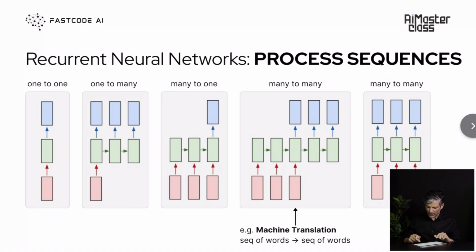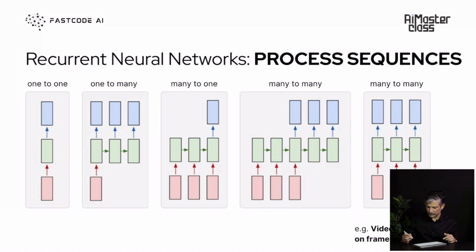Now, you can also have many-to-many in terms of, say, video classification, where you have the different frames of the video as input, and then for each frame you have a single output, right? So now for every frame you have a single output.